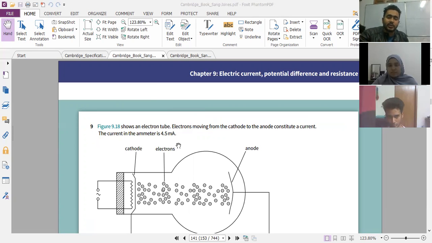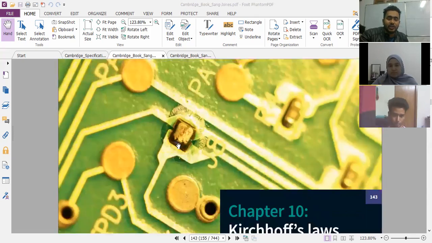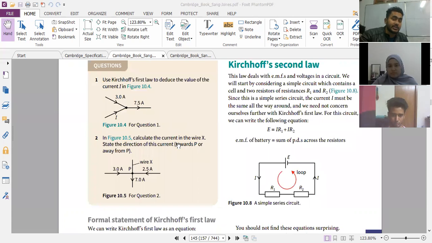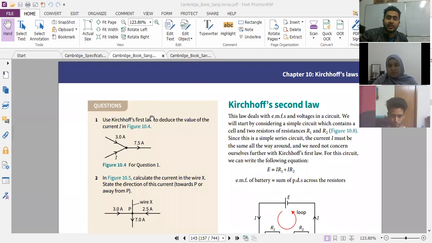Okay, fine. So the homework will be studying the Kirchhoff's law and solving the book questions, not the end of chapter questions, the book questions, right? Kirchhoff's law. Kirchhoff has two laws, first law, second law. One is the law for the voltage and law for the current.